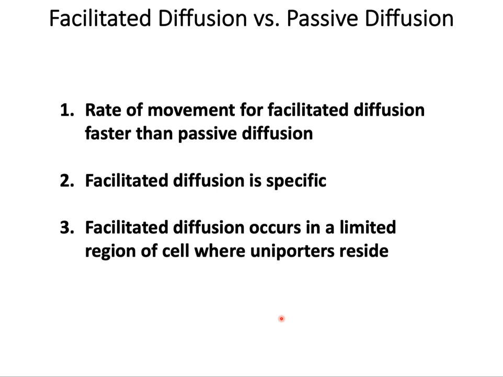You have removed the rate-limiting step, so it is faster. Facilitated diffusion is also specific, which means these uniporters only move one substance or one class of substances, and the facilitated diffusion occurs in a limited region of the cell where uniporters reside.